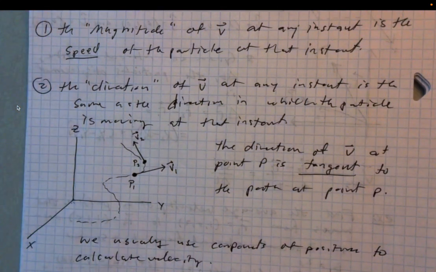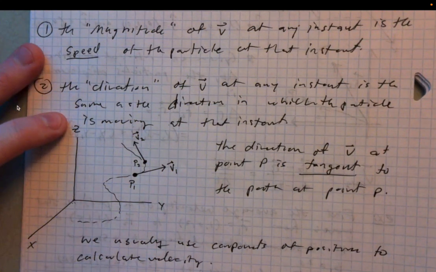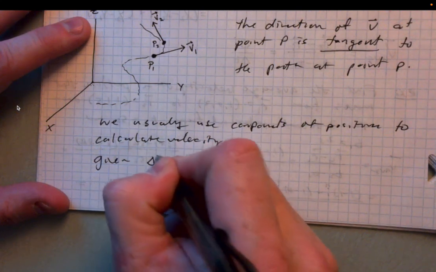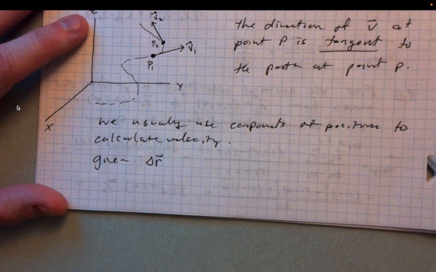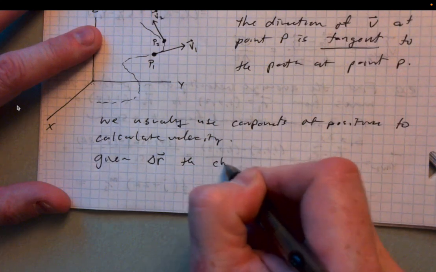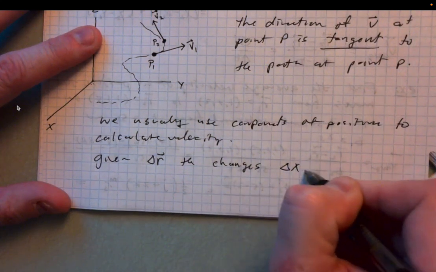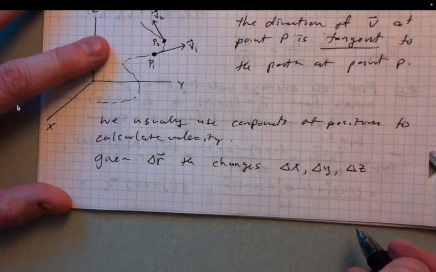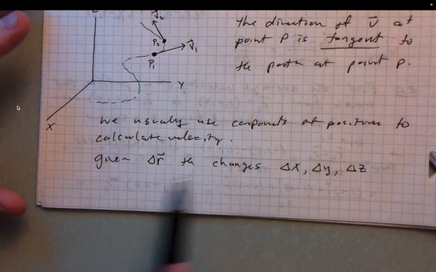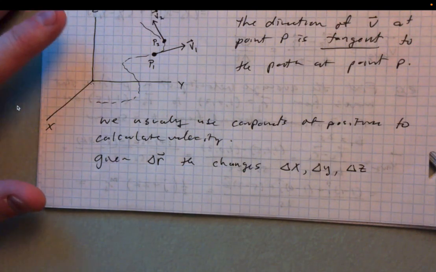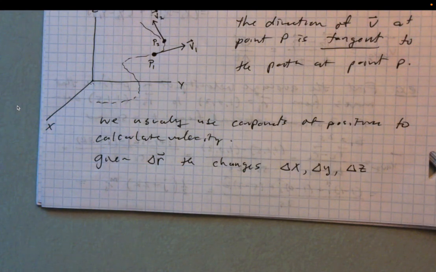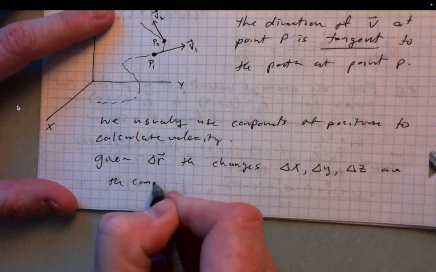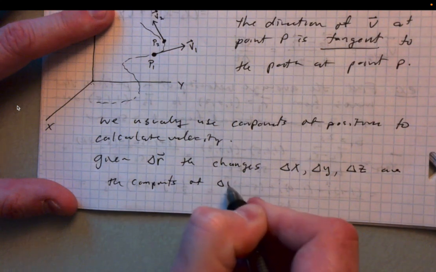For any displacement, given a delta r, the changes delta x, delta y, and delta z, if we're in 3 dimensions, in the 3 coordinates of r are the components of delta r. So these are the components of delta r.